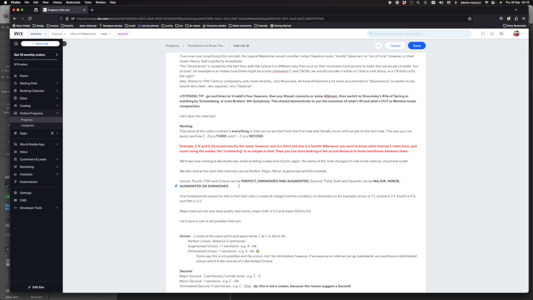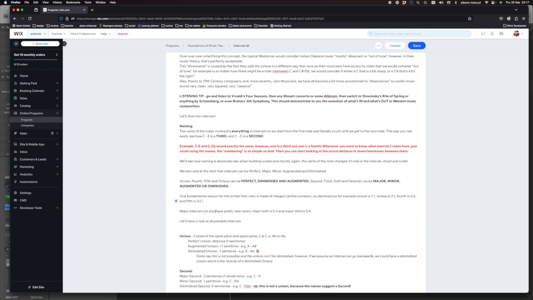If it's a fourth, like that F flat to B sharp, it was a fourth, even though distance-wise it's way more than a perfect fourth. That's actually a very, very difficult interval, and let's not even go there.